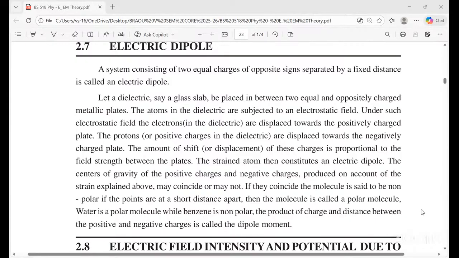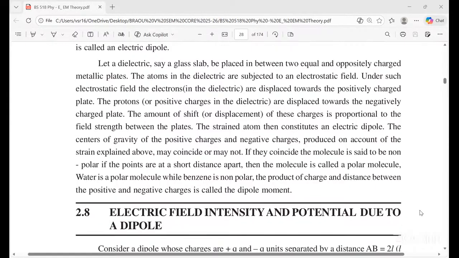Water, H2O, is a polar molecule, whereas benzene, C6H6, is non-polar. In this case, the product of the charges and the distance between them is set like a dipole.